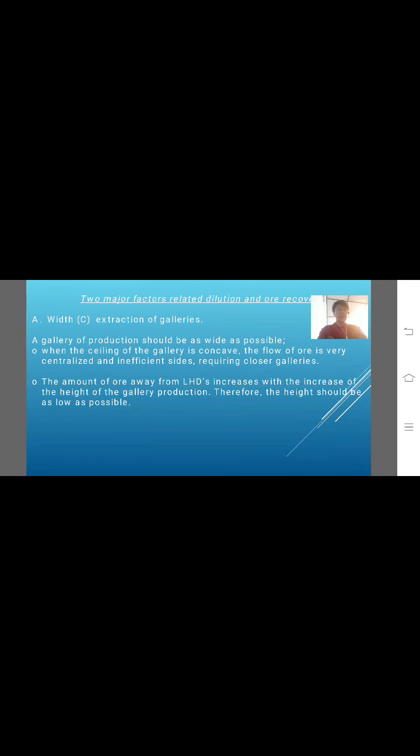There are two major factors which affect the dilution and ore recovery. They are width and extraction of galleries. The gallery of the production should be as wide as possible. When sealing the gallery, the ceiling is concave, the flow of ore is very centralized and inefficient, requiring closer galleries.